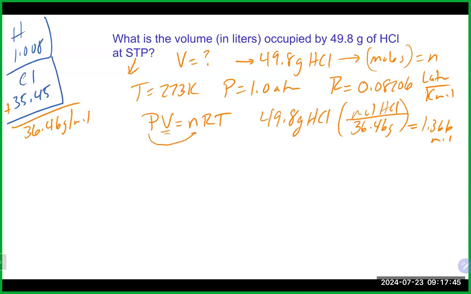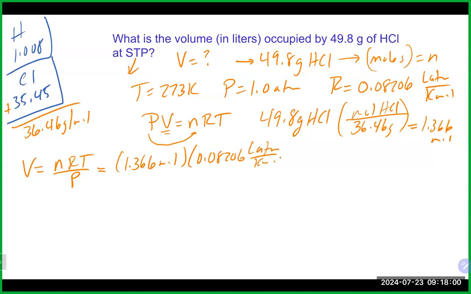So we'll divide the pressure to the other side. V is equal to nRT over P. Putting in our numbers here, 1.366 moles times 0.08206 liters atmosphere per Kelvin mole, our temperature of 273 Kelvin, all divided by our 1 atmosphere.